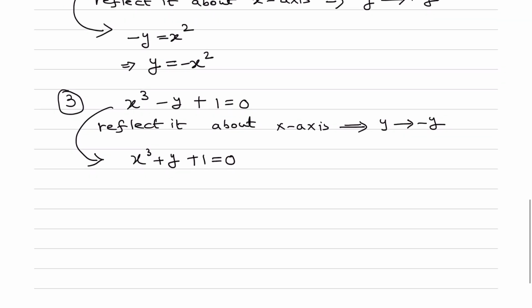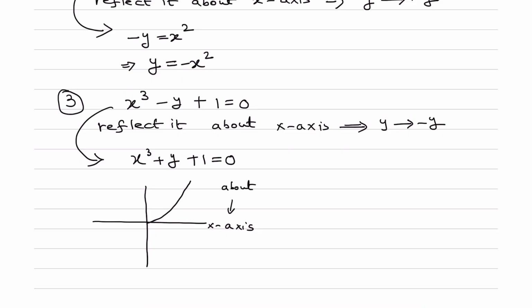So what we have seen is we can reflect a graph mathematically about the y-axis and x-axis, and also geometrically. For example, let's say we have this graph and we want to reflect it about the x-axis.